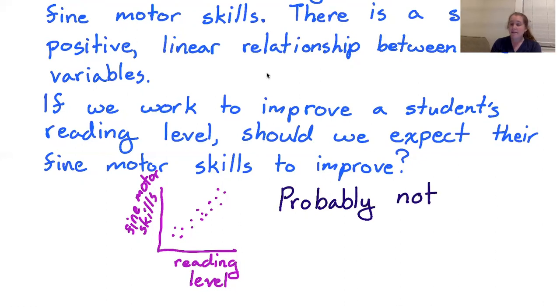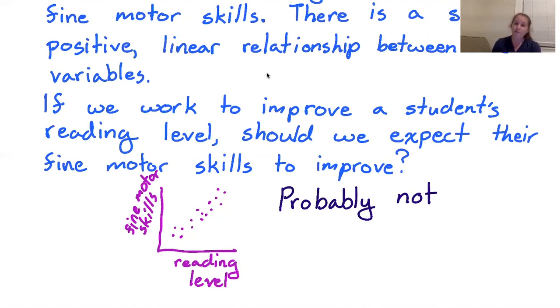The reason behind this, well, we are talking about all elementary school students. So odds are that the kindergartners will have poor reading level and also have fairly poor fine motor skills. If we look at the third graders, it's probably better reading level and better fine motor skills. And if we look at the fifth graders, even better reading level and even better fine motor skills.